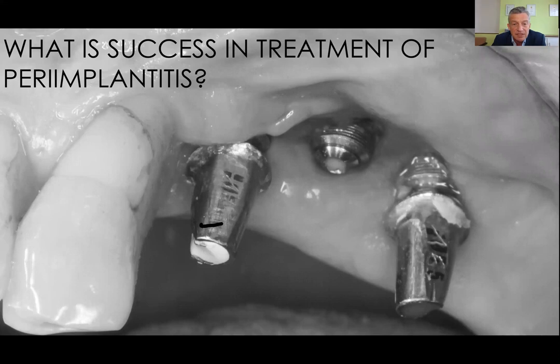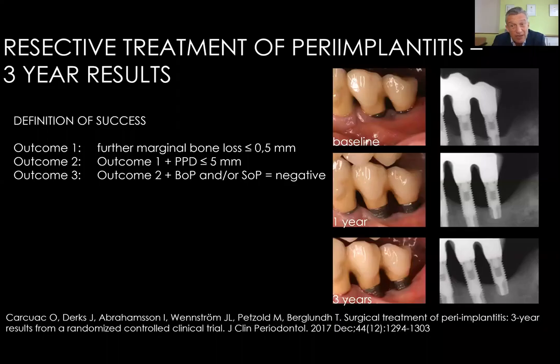So now we need to discuss what success is and how we can assess it. You may be aware of this study. I, as a periodontist, like apical reposition flaps in difficult cases because I remove the pockets, and in perio this is a very promising method to achieve a stable situation.